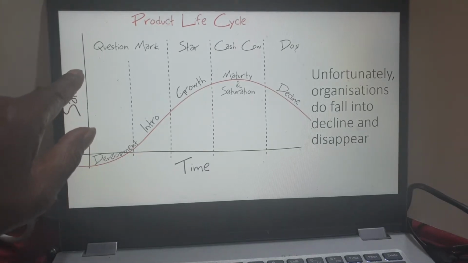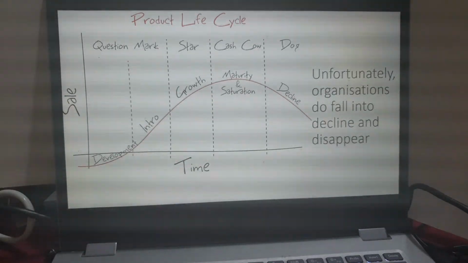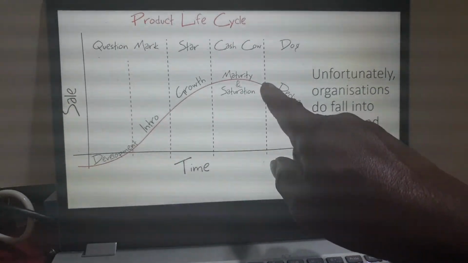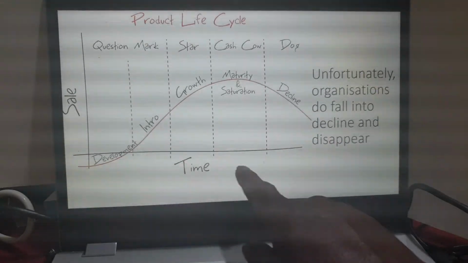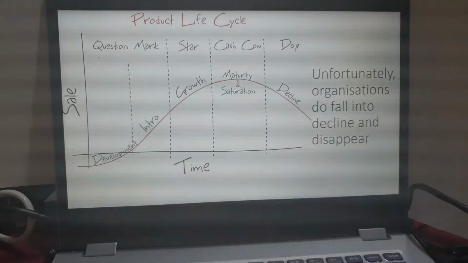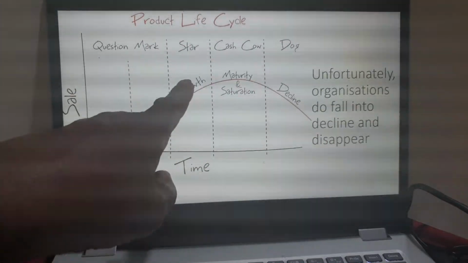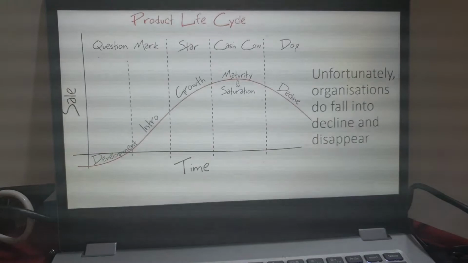The sales are at the peak. And then you sit back and be complacent, and it will start declining, the dogs. So after some time, the business will decline. It is introduced, it grows, it matures, and actually it can decline.